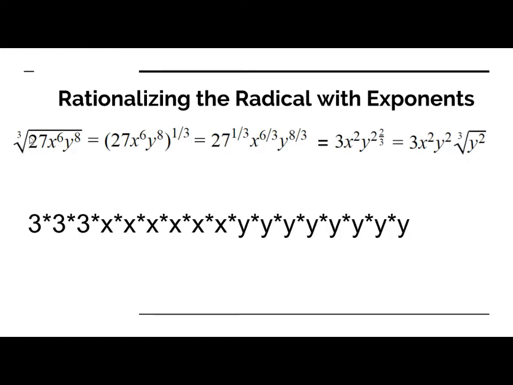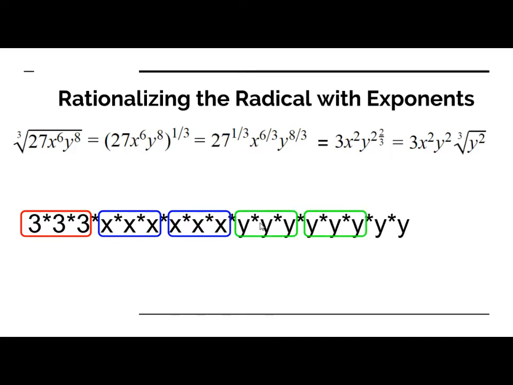Because I'm taking a cubed root, I'm looking for groups of 3. There's 3 3's. So here's that 3 right there. I pulled out 1 full group of 3 3's. There's 2 sets of 3 x's, 3 x's and another 3 x's. So I'm able to pull out 2 sets of x's, x squared.